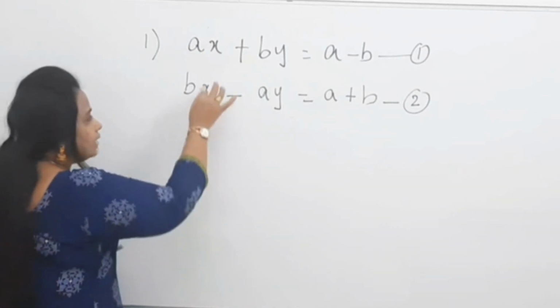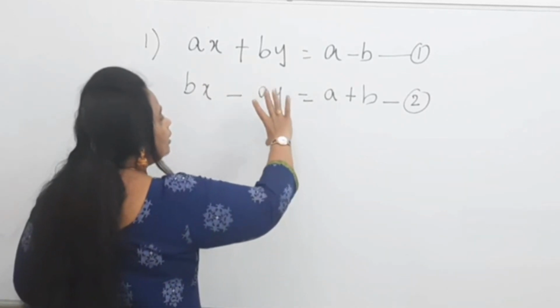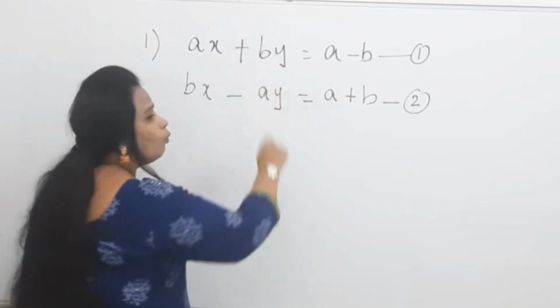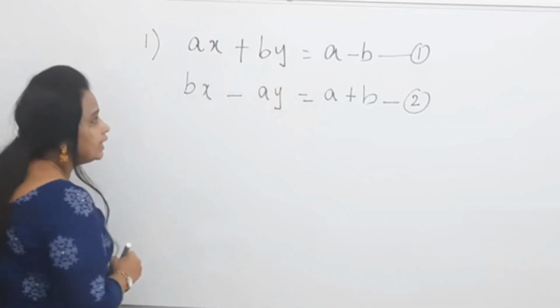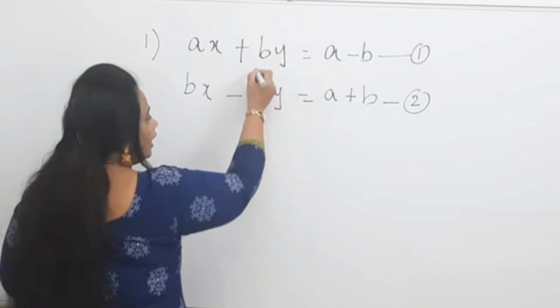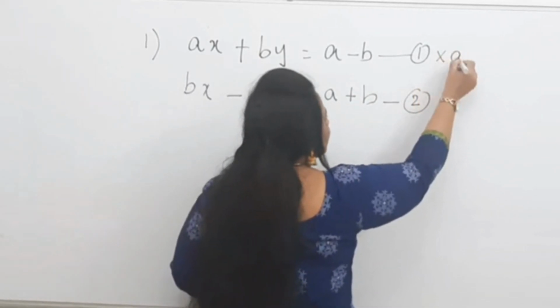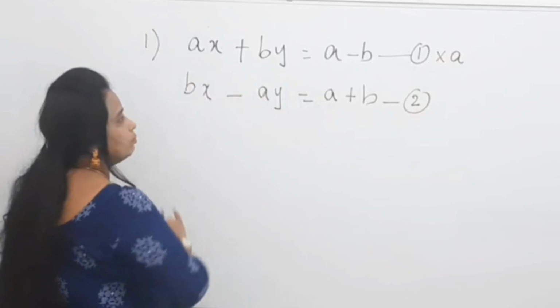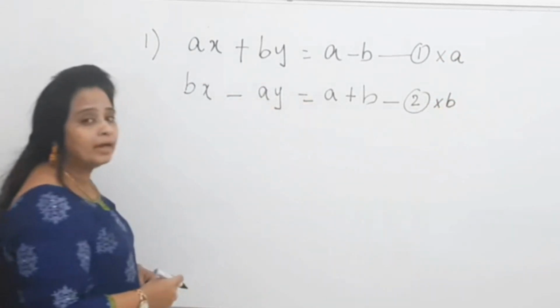So here, as it is given plus and minus, I choose my variable to be cut as the y variable. So I will concentrate on my second term. I have to get a here, so b here. So multiply the whole first equation by a and the second equation throughout by b.